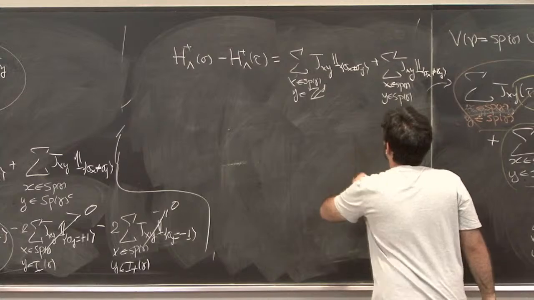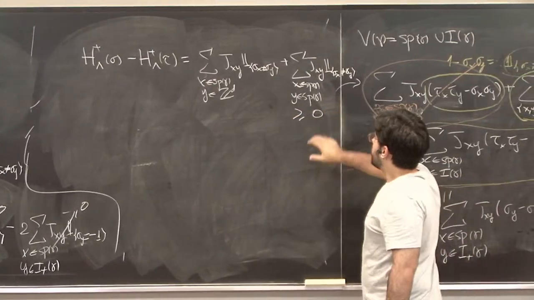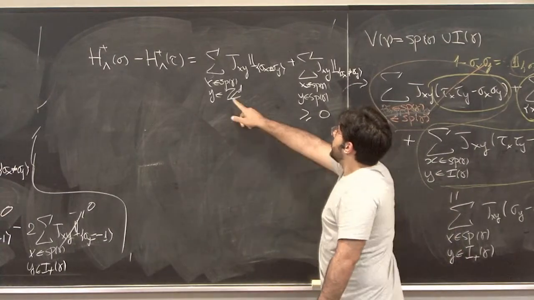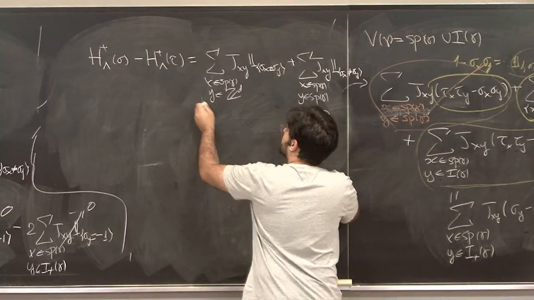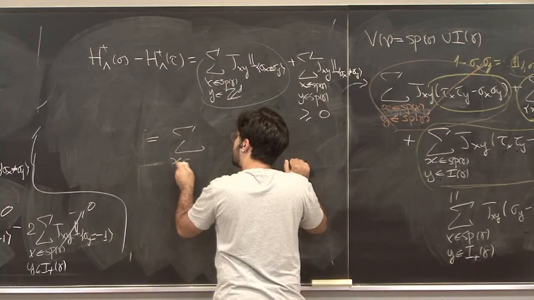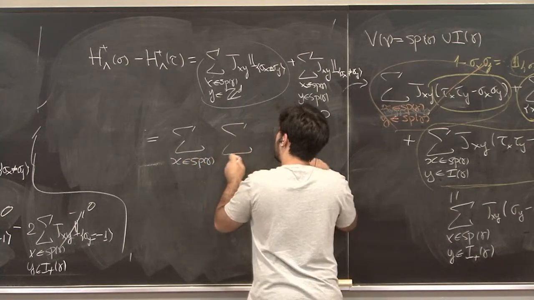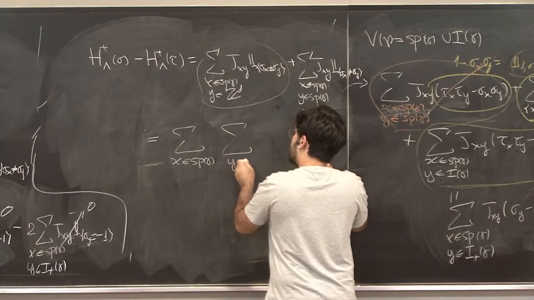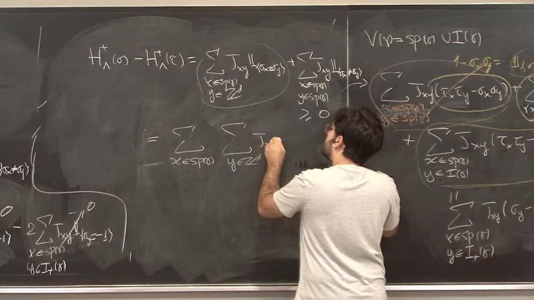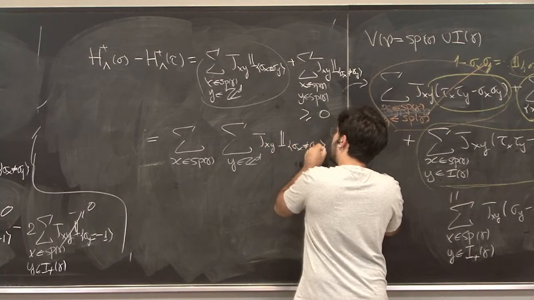First, this quantity is larger than 0, so I don't have to care about this one here, and this one will give me the following. This quantity is the sum for x inside the support of gamma, the sum of y inside Z^d, J_xy, sigma x different from sigma y.